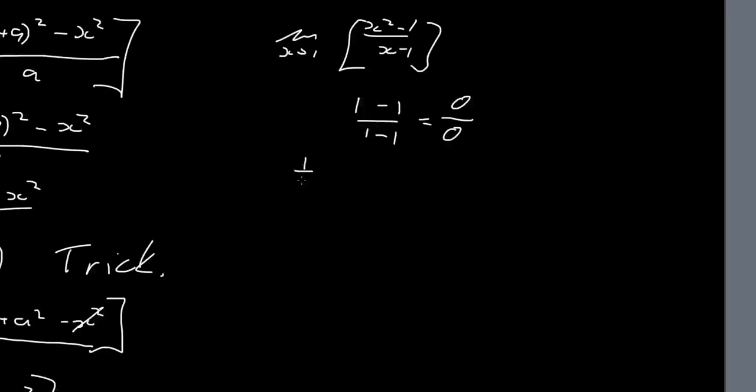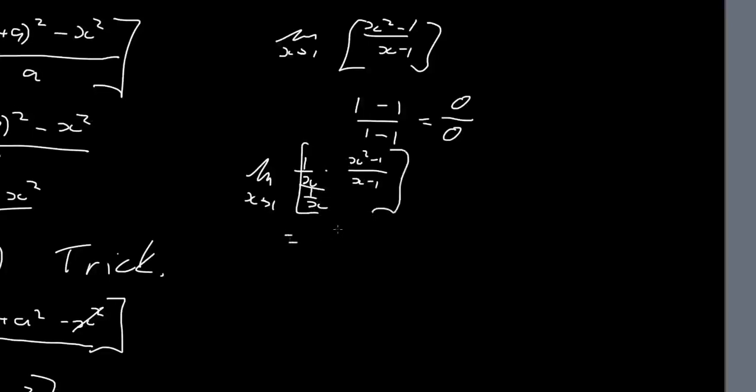So we take the limit as x tends to 1 of 1 over x times x squared minus 1 over x minus 1. That's 1 over x times 1 over x. Sorry, that's very messy.